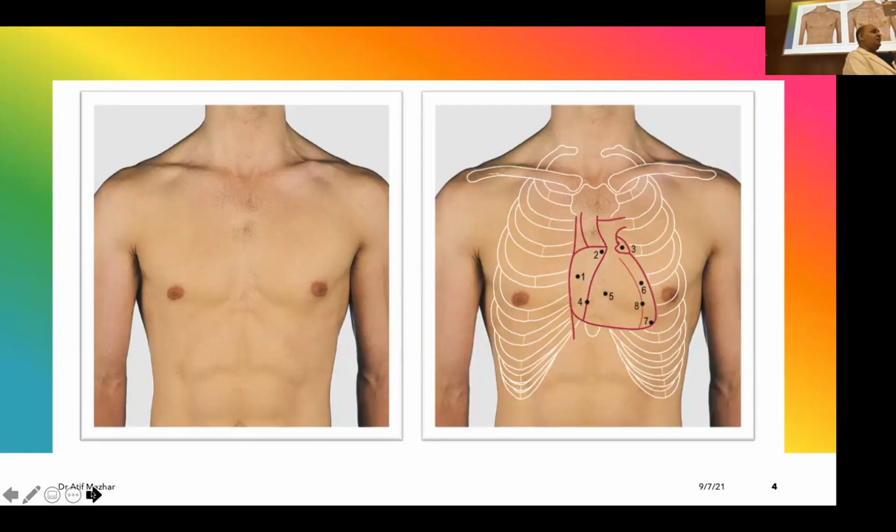The in-depth details will be discussed in the CVP block, and that will be coming up after your break. So the ribs have been shown, the other areas have been shown, and there are certain numbers and marks, but that is simply showing you the location of a normal heart.